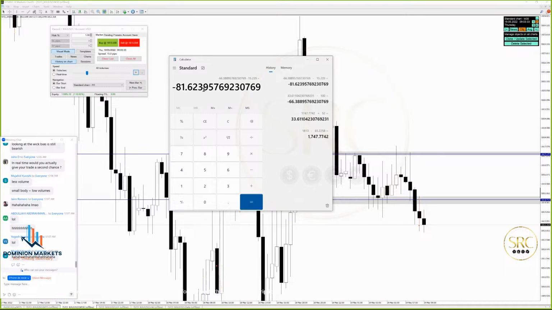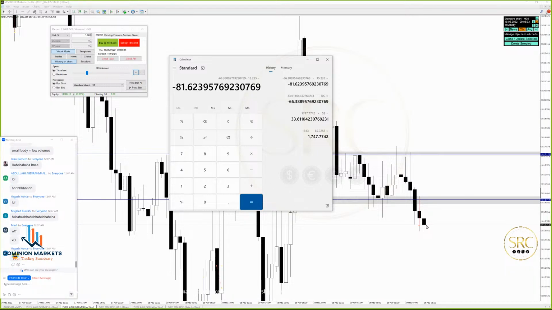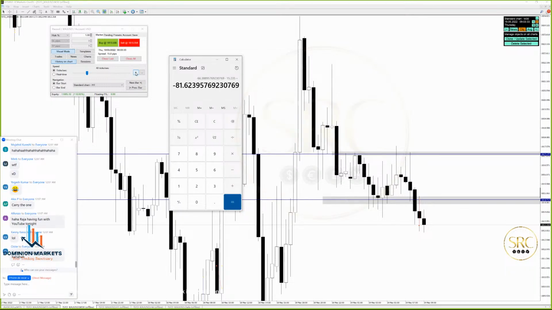So 81%, right? So there's a 81.6% chance that price will maybe go up and not go down. 81.6% chance from our calculation that we just did.